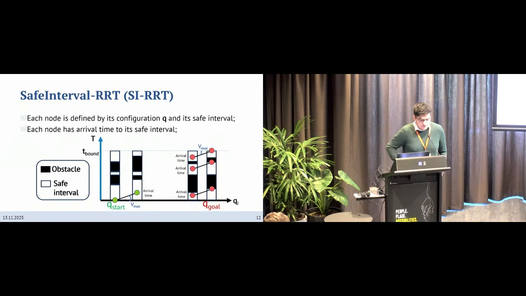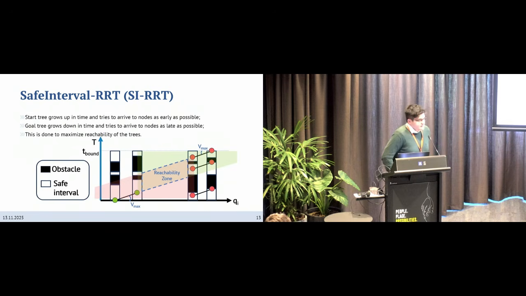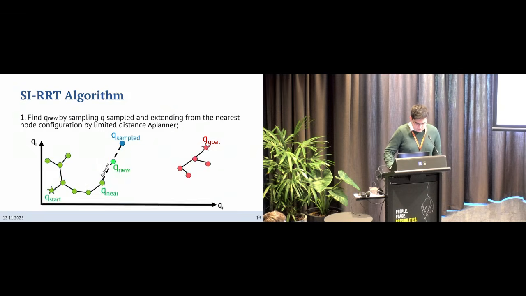And also each node has a continuous arrival time to its safe interval. So the start tree grows up in the time dimension and tries to arrive at nodes as early as possible, as in classical SIPP. But the goal tree grows down in time and tries to reach the next node as late as possible, also to ensure reachability of the next node.